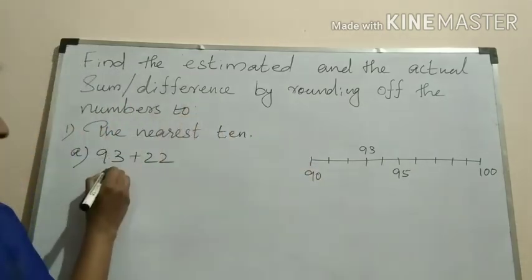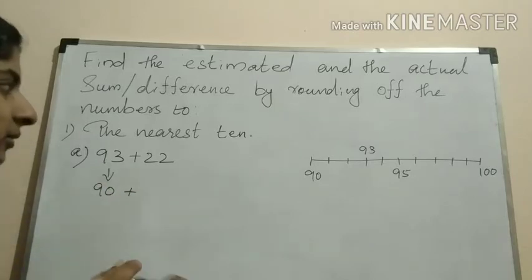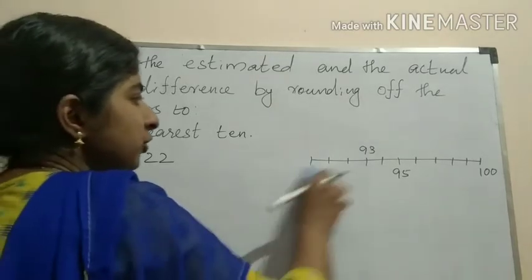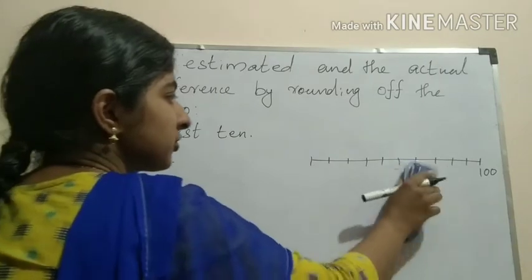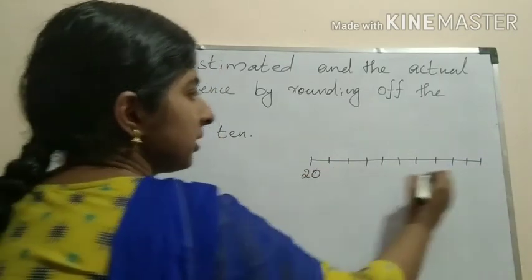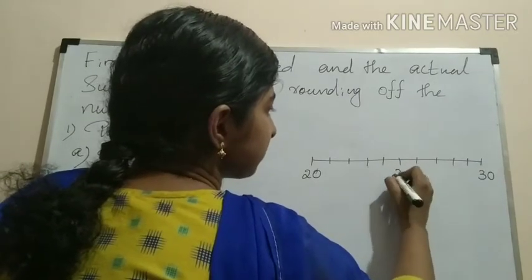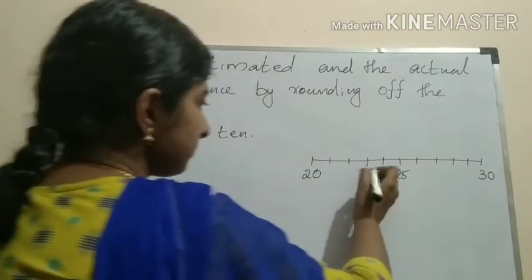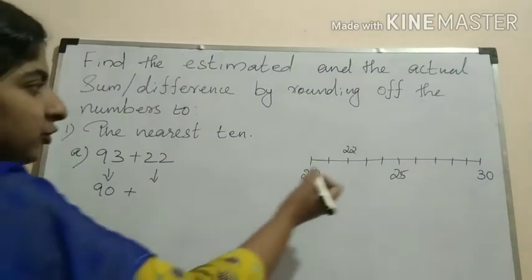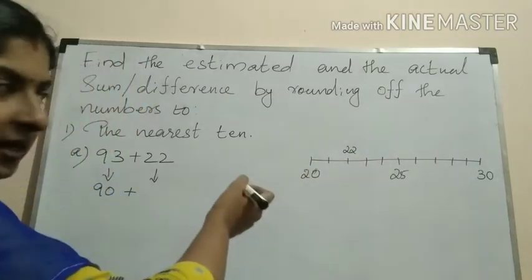So this 93 becomes 90 plus 22. 22 lies between which two numbers? 20 and 30. Middle number is 25. 22 lies between 20 and 30.